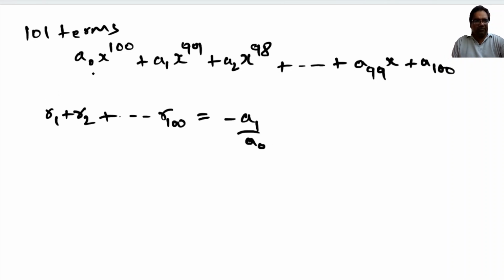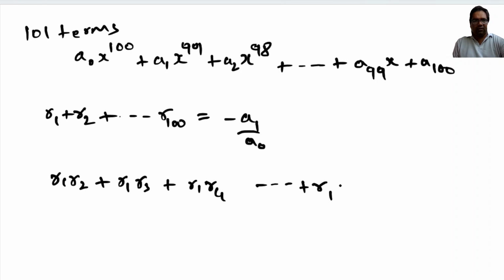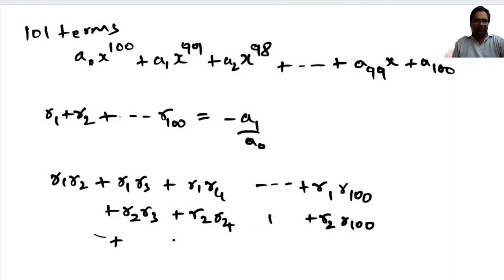Similarly, the sum of the roots taken 2 at a time: r1 r2 plus r1 r3 plus r1 r4 up to r1 r100, then r2 r3 plus r2 r4 up to r2 r100, plus r3 r4 up to r3 r100, and so on.